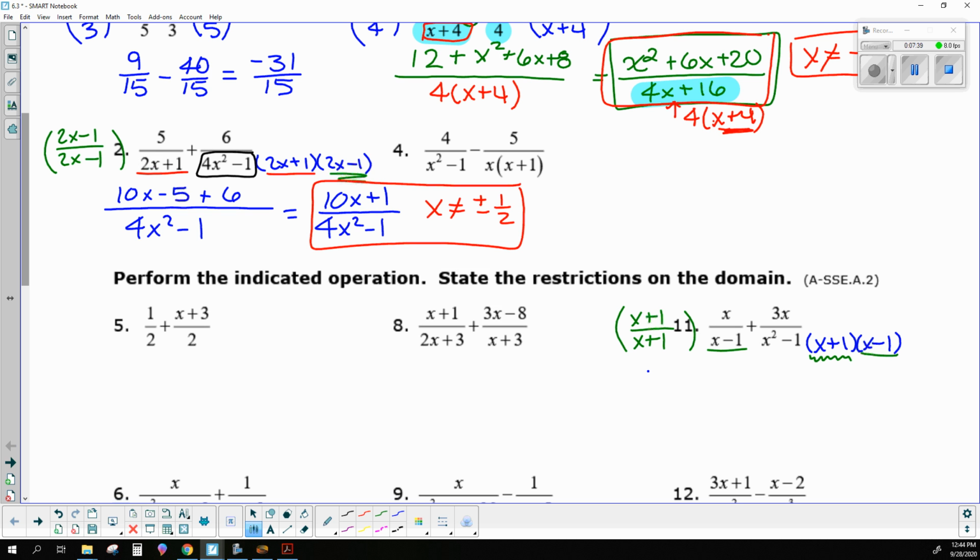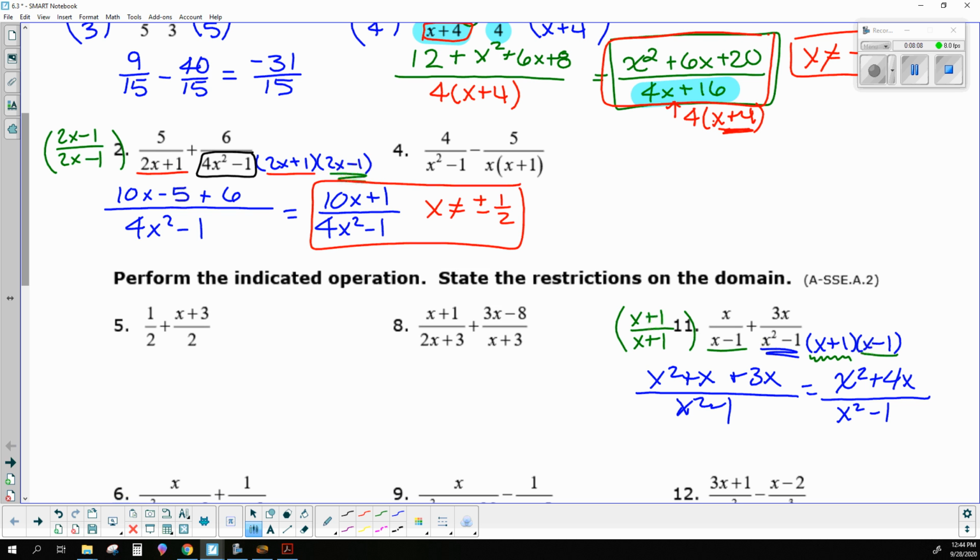So if we distribute that x, and then add the 3x from the first one, and the common denominator was actually this part, when we combine everything, this is what we're left with.